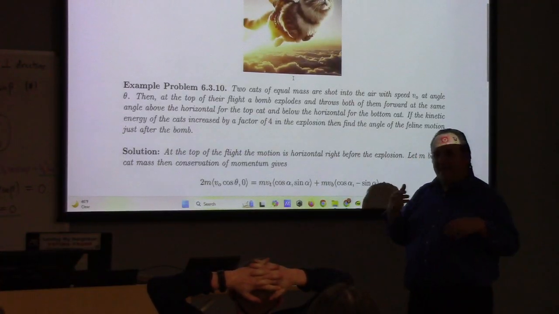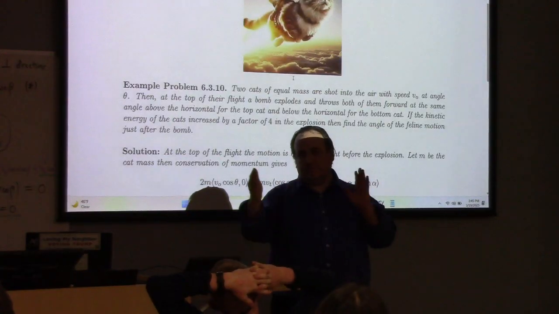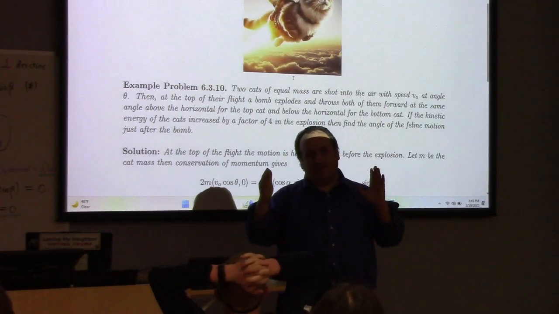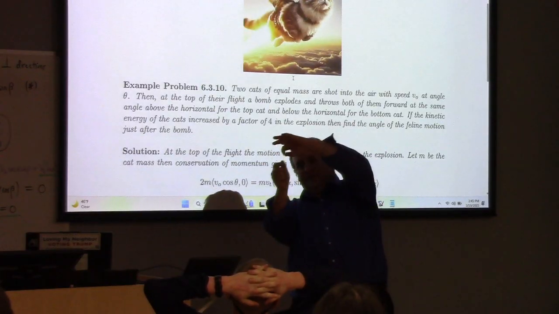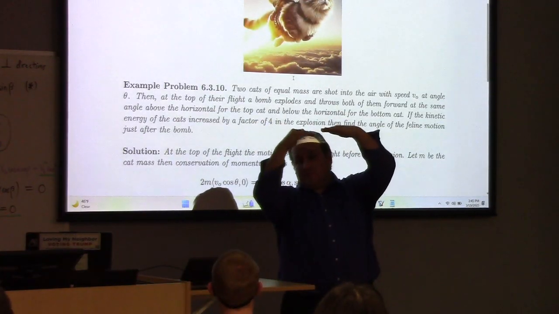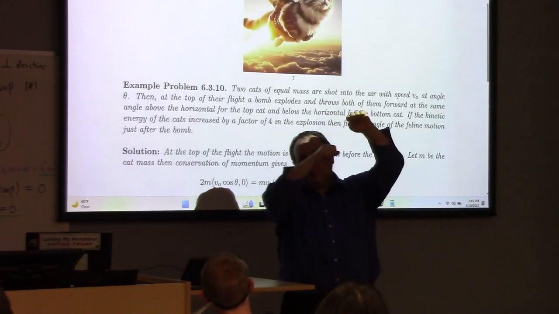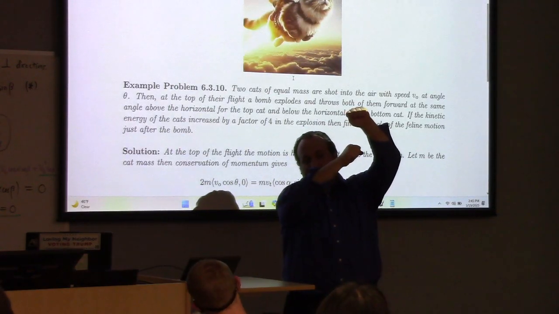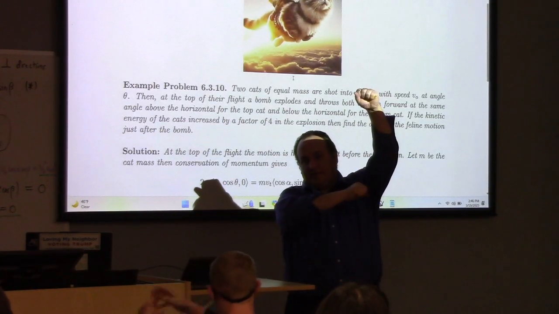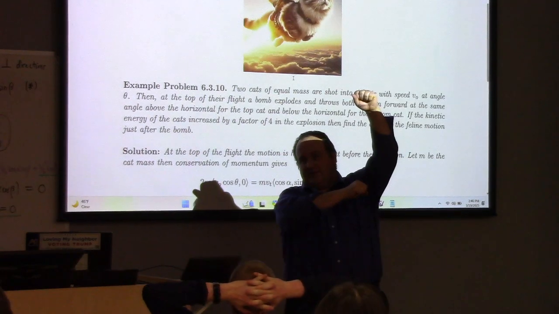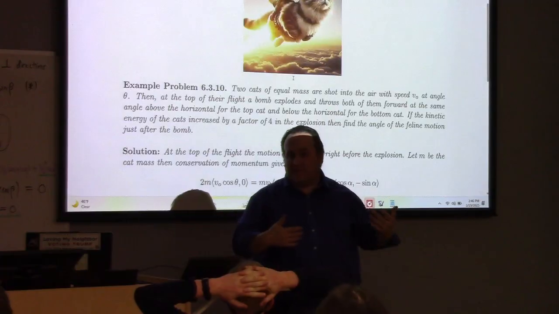If they have equal mass, it has to be that way, because otherwise momentum couldn't be conserved before and after the collision. If your cats explode at the top of the flight, the momentum's purely horizontal, so it has to be purely horizontal afterwards. The only way to achieve that, if you've got two cats exploding and flying away from each other, is equal vertical velocities up and down in magnitude. Otherwise, you'd have a net vertical momentum, which you didn't have before the explosion.